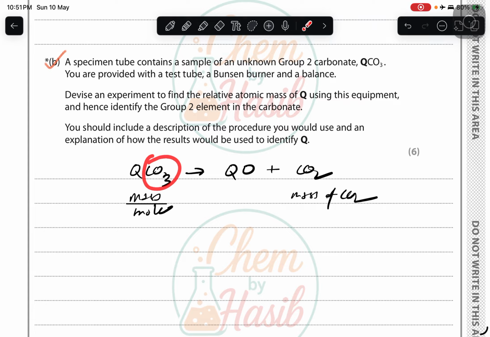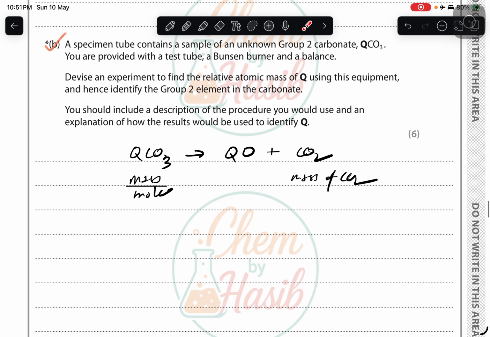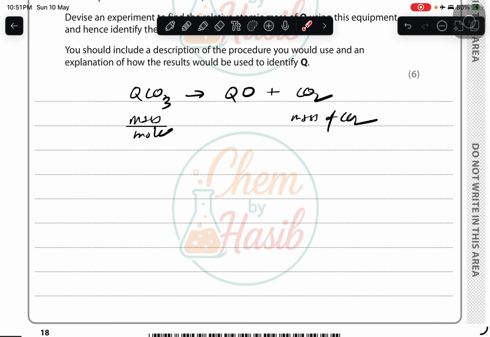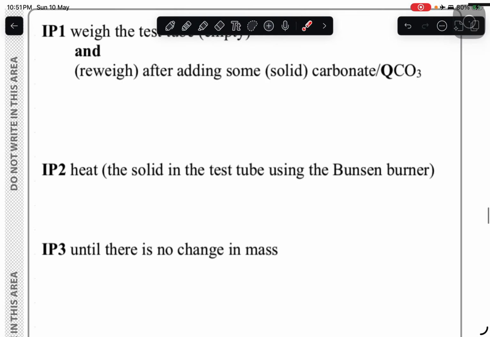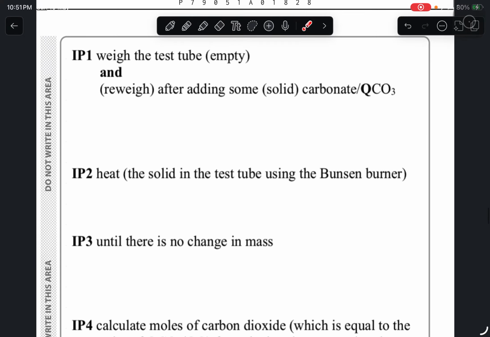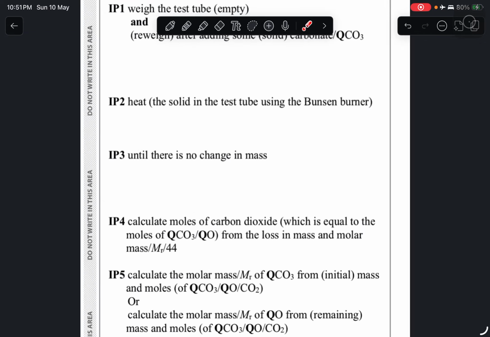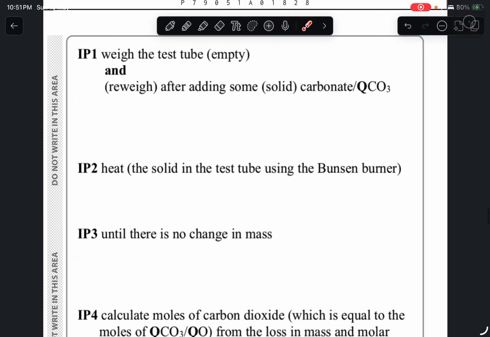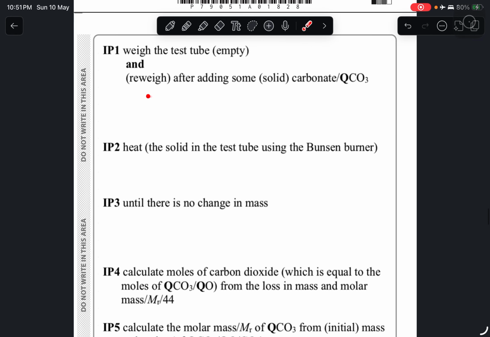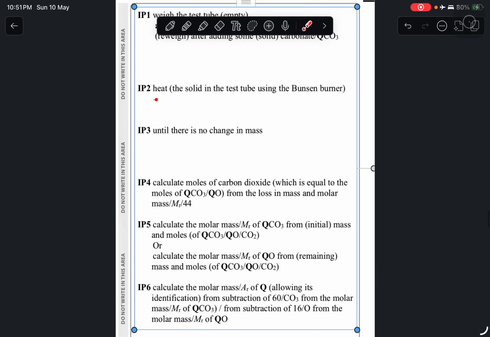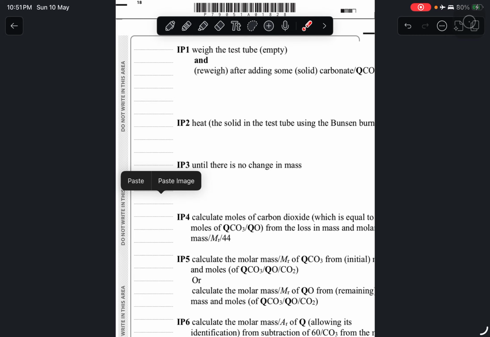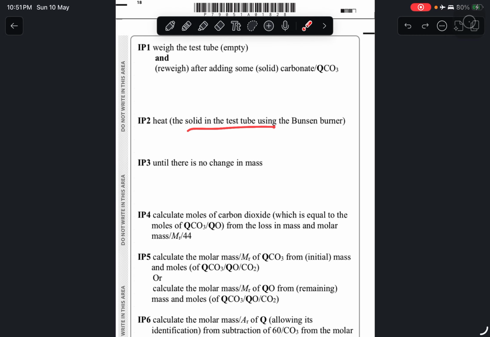So I have taken a screenshot from the marking scheme because it's a very long answer, so it would save our time. So we weigh the test tube, then we heat the solid in the test tube until there is no change in mass.